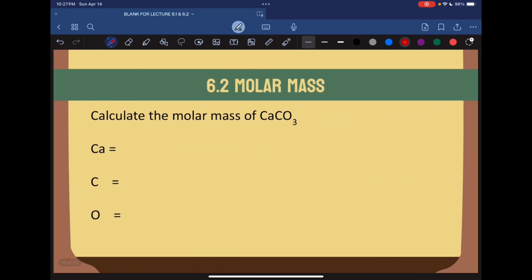Let's calculate the molar mass of CaCO3, which is calcium, and then CO3 is our polyatomic for carbonate, or limestone, or Tums.